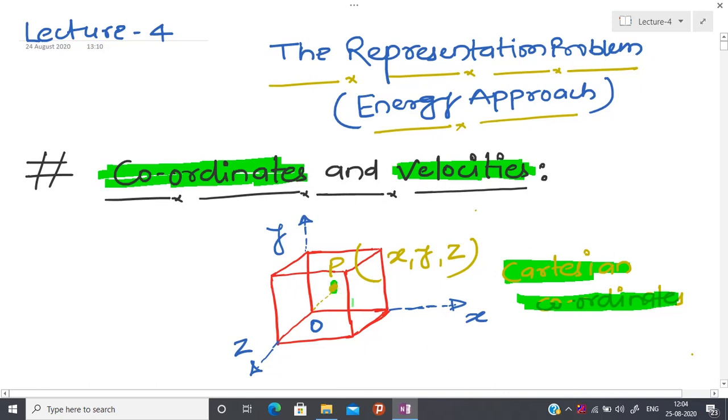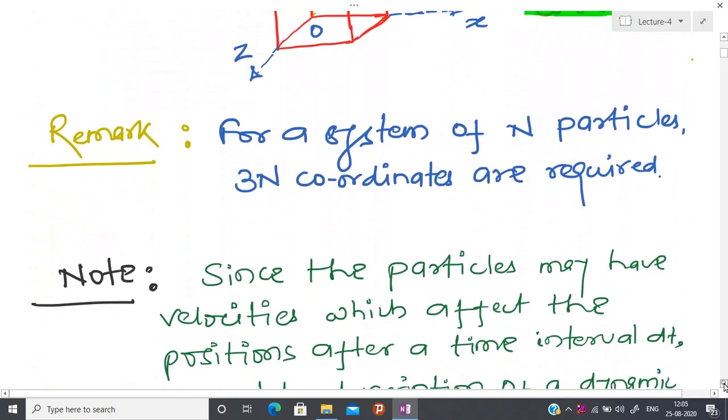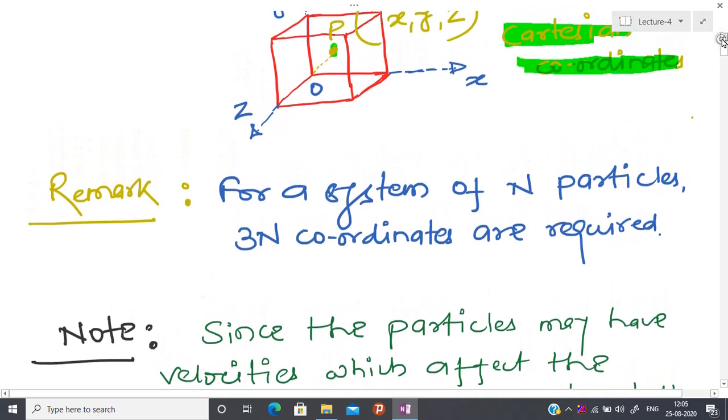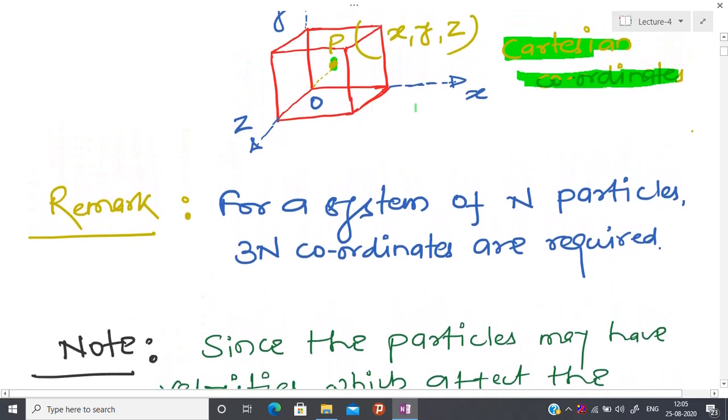Now, suppose that I have one particle, then I have the coordinates, and I am just considering the translation here. If I have n particles, for each particle I have 3 different coordinates for the translation.